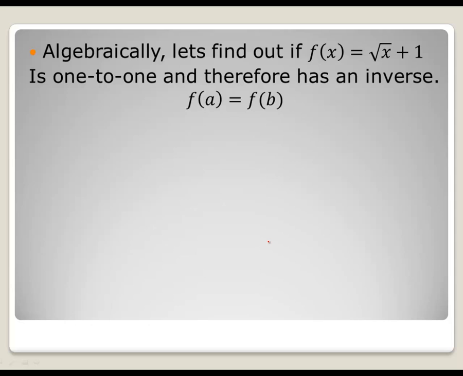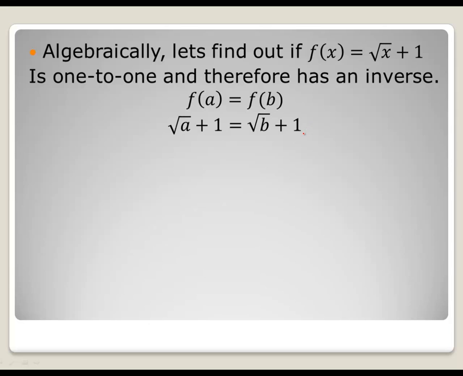So we plug in the value of a into our equation on one side, and plug the value of b in on the other side. So we end up getting the square root of a plus 1 equals the square root of b plus 1. And we have to see if this implies that a equals b.